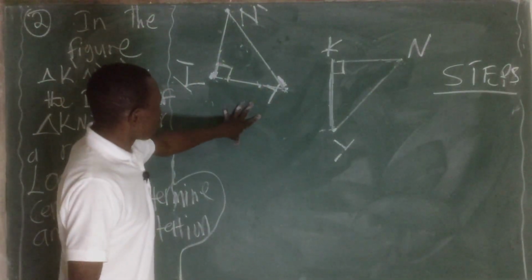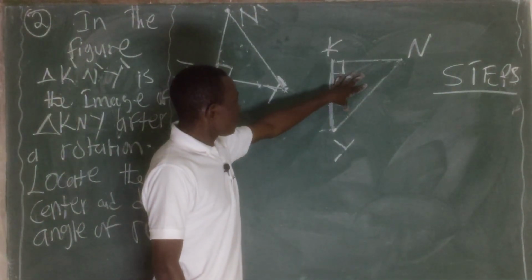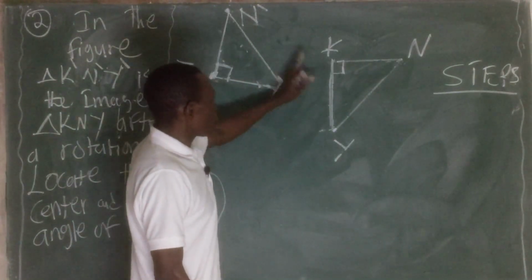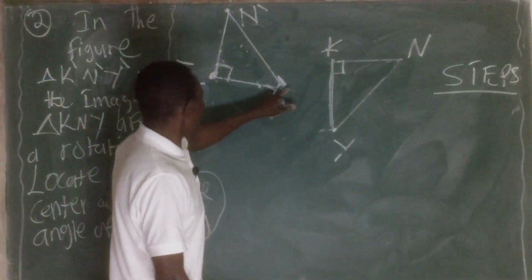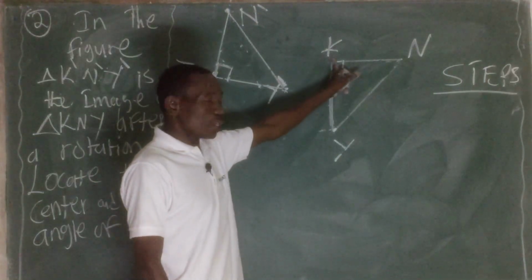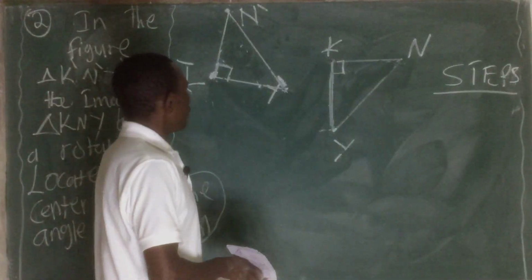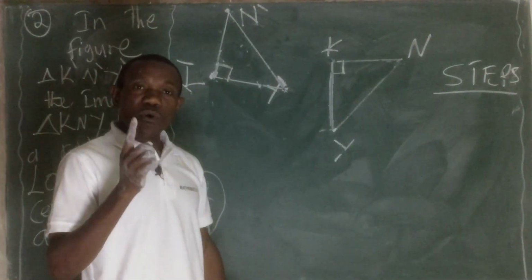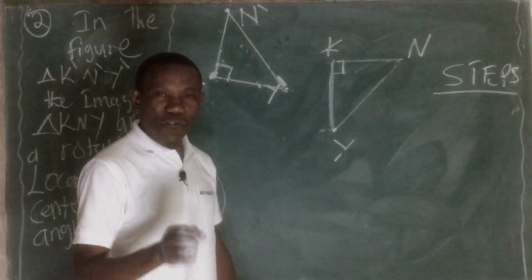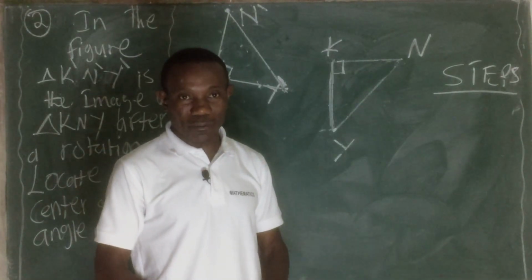If you look at this figure, you'll see that this figure is an object, and this one is an image. This is an image of vertex n. This is an image of vertex y. The same k prime is an image of k. So what you're going to do is connect the vertex of the image and the vertex of the object.